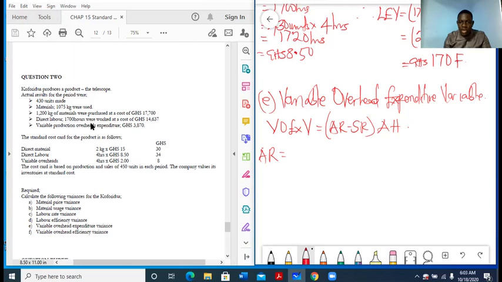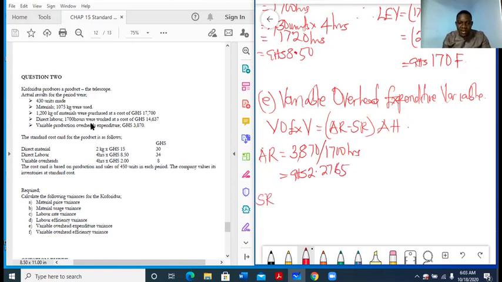So to get our actual rate for variable overheads, it is 3,870 divided by the 1,700 hours. That gives us 2.2765, okay, good, to 4 decimal places.